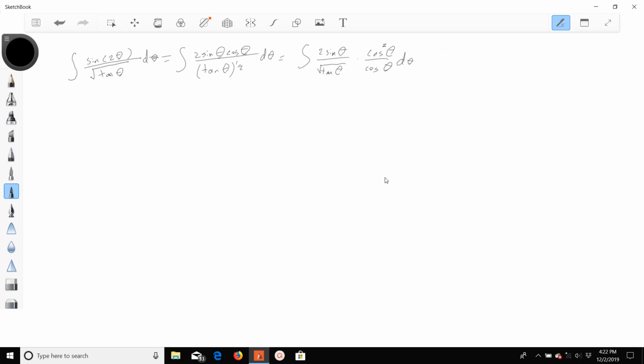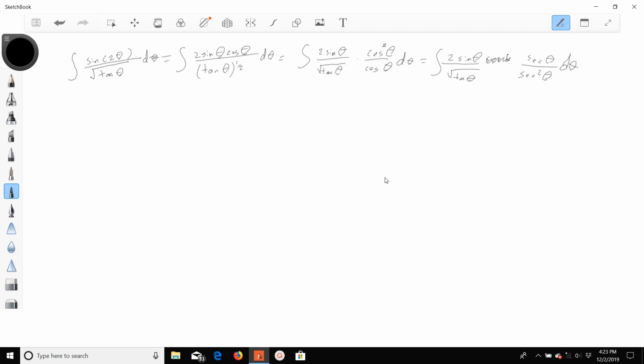which is equal to the integral of 2 sine theta secant, let's do this, I can make square root tan theta secant squared theta secant theta d theta. Do it like that. Why did I do that?